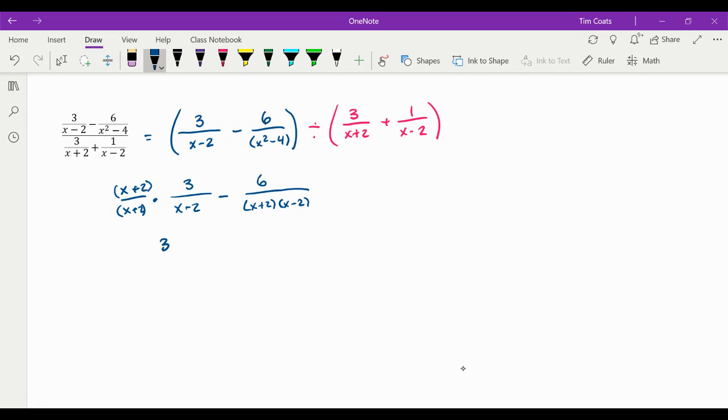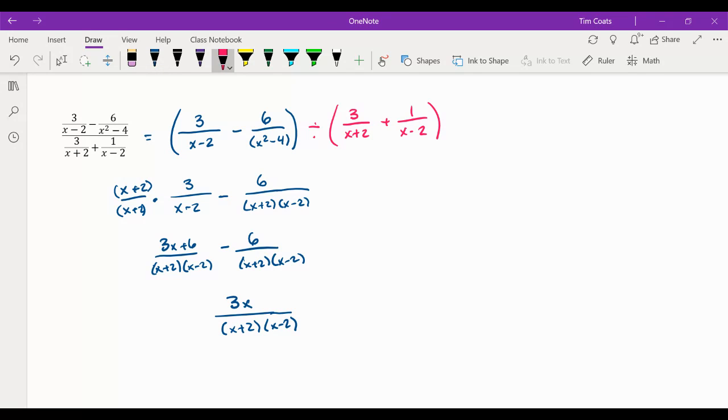So we would have 3x plus 6 over x plus 2, x minus 2. You see there's a little work, but now the denominator is the same, so we can just add the numerators, and I end up with 3x over x plus 2, x minus 2. Great, so that side's done.